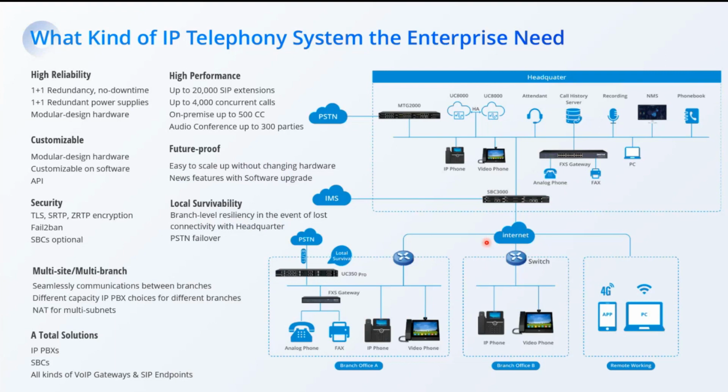Okay, here we have the topology and some key points. For example, if you serve enterprise customers, some companies, or small-size enterprise customers, you can always consider our solution here.